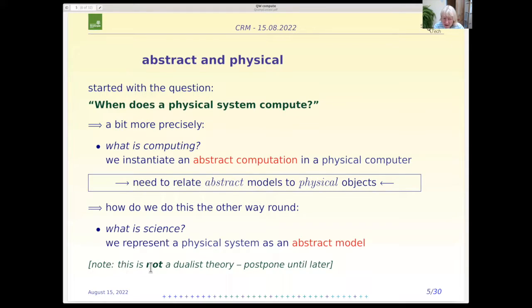And I'll just note now that this abstract physical sounds very much like it's a dualist theory. It's not, and as I come to a few slides later, you will see that it's not, but there are consequences to being able to talk about abstract models and physical objects, even in a non-dualist setting.